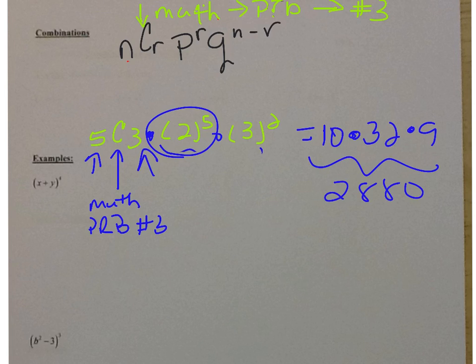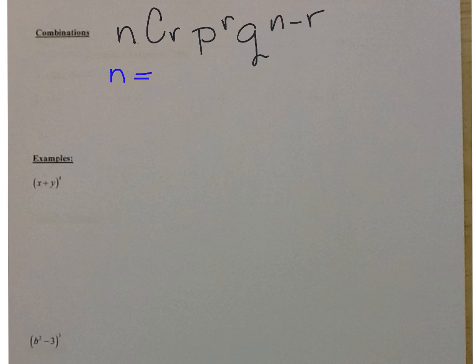Okay, so now let me tell you what the n, the r, the p, and the q are. Let me rewrite this again: nCr, p to the r, q to the n minus r. n is your exponent.